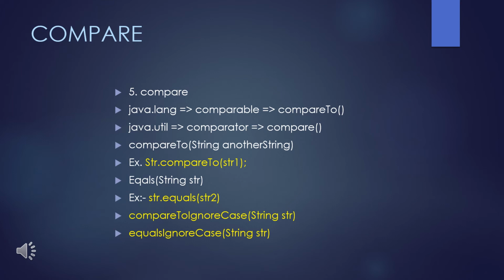Compare means compare(a, b), where a and b are passed as parameters and compared by the comparator, whereas comparable compares a with b. So a.compareTo(b), and the next one is compare(a, b).